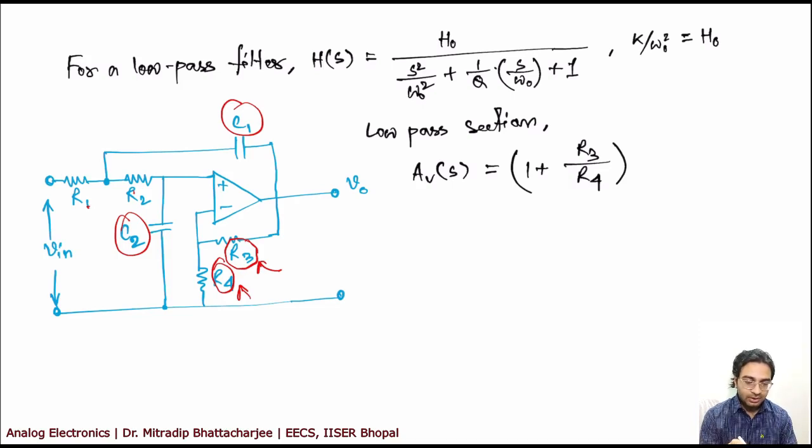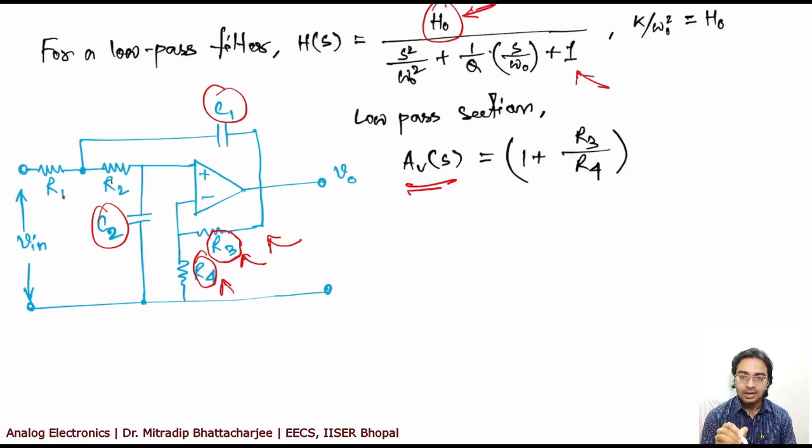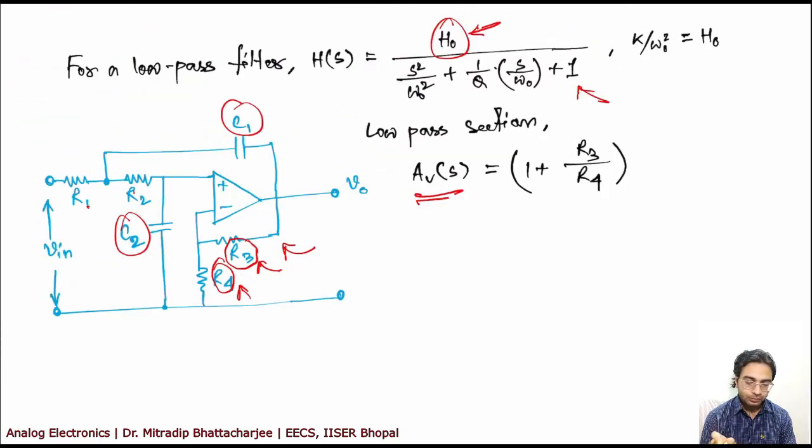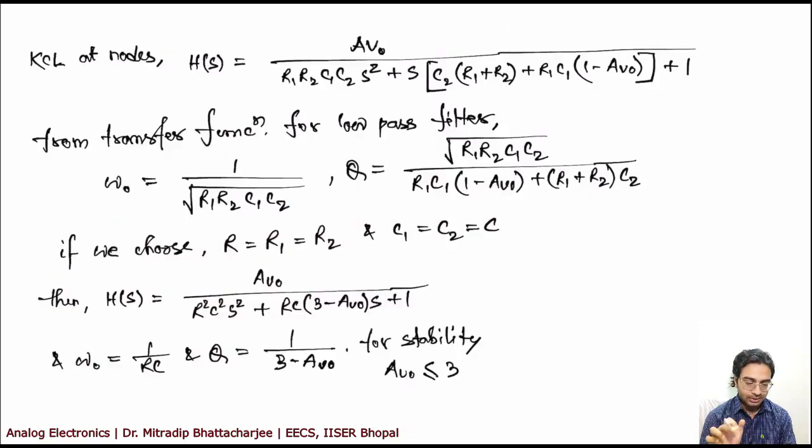So you have a transfer function similar to H0 divided by S square by omega 0 square plus 1 by Q S by omega 0 plus 1. Okay. Now this H0 is nothing but the gain that you are getting. So for this section you have a gain equal to 1 plus R3 by R4. Okay. So this is the typical low pass filter that we are now taking into consideration.